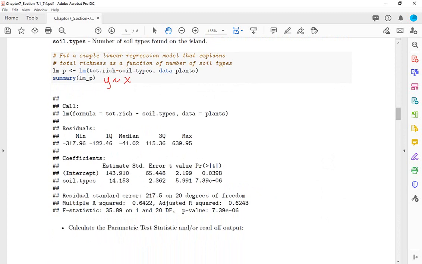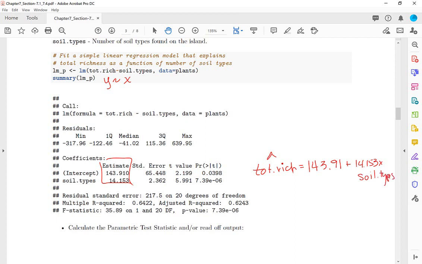Remember that when we find our estimated line of regression, we take the estimated y value, total.rich, and our estimate for the intercept, 143.91, plus our slope times the x variable, soil types.